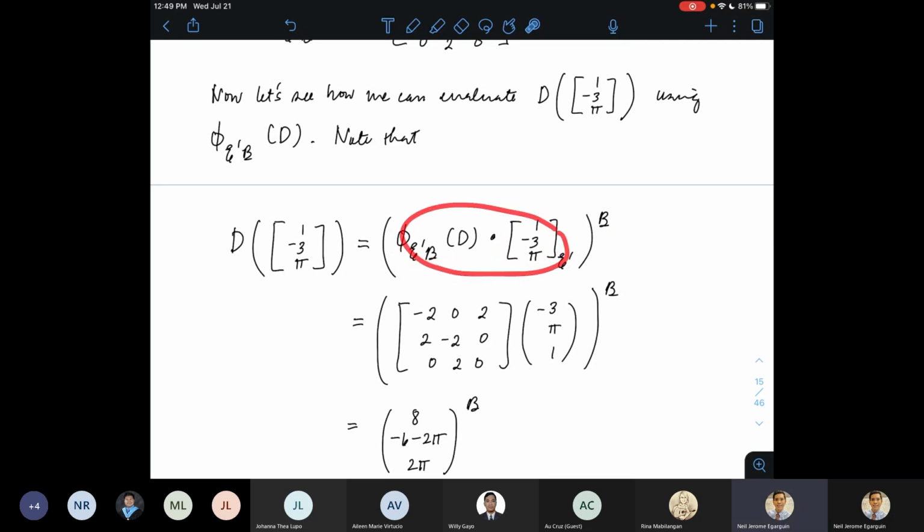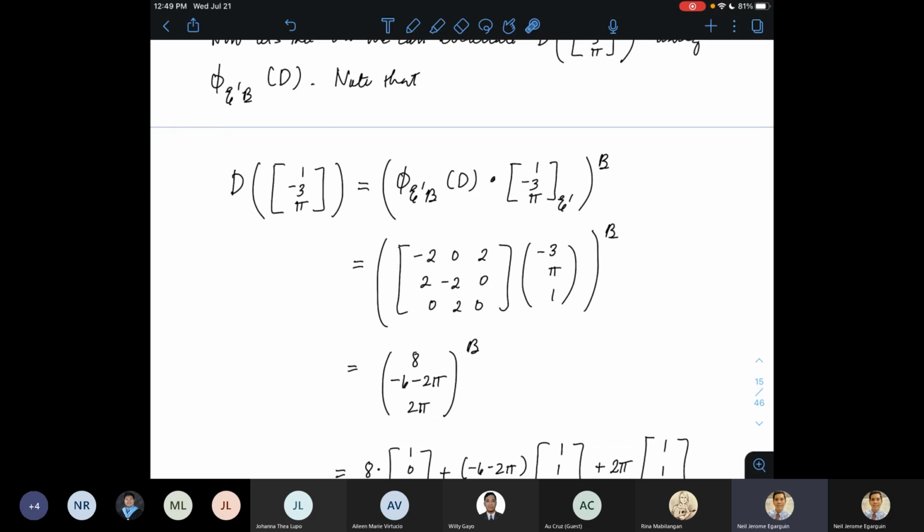So yung coordinates, kailangan ko i-convert into a vector. Okay? But before that, in order to take care of this product, I need to find the coordinates of the vector. Yung given vector, i-convert ko sa coordinates. Coordinates niya with respect to E prime is this guy. Ito yung kinompute natin dun sa previous example. And then carry out the multiplication.